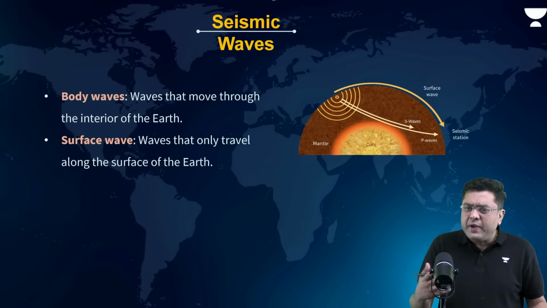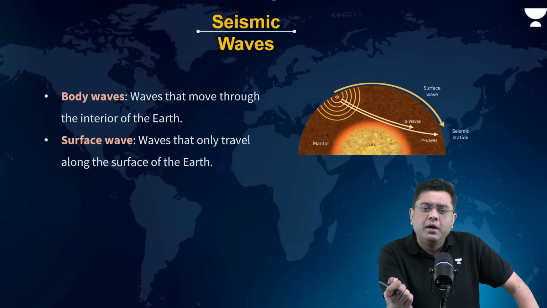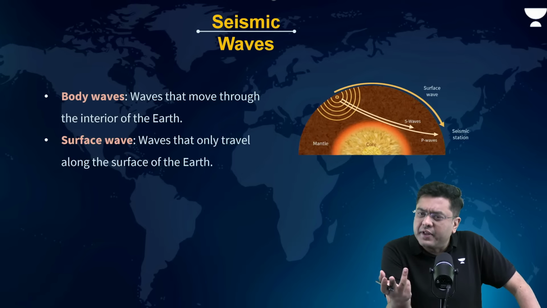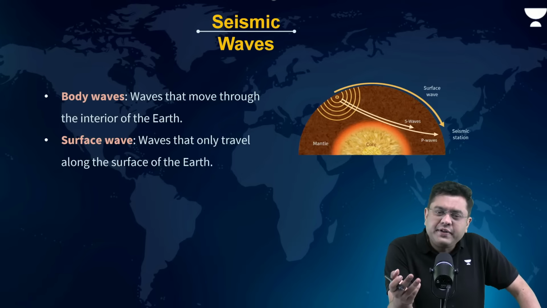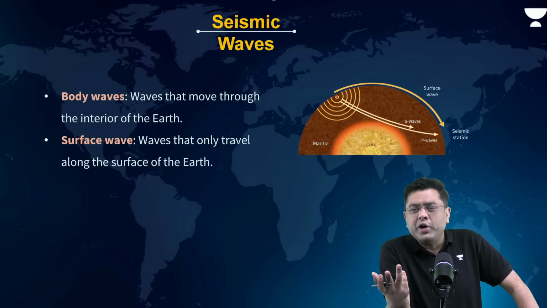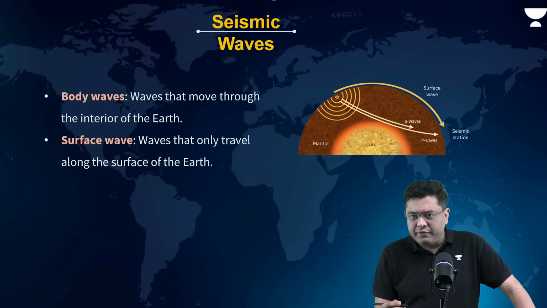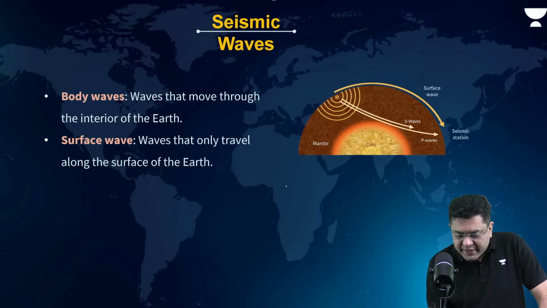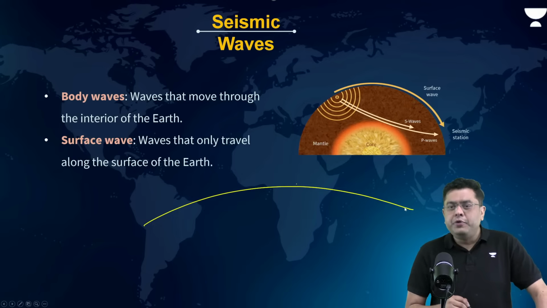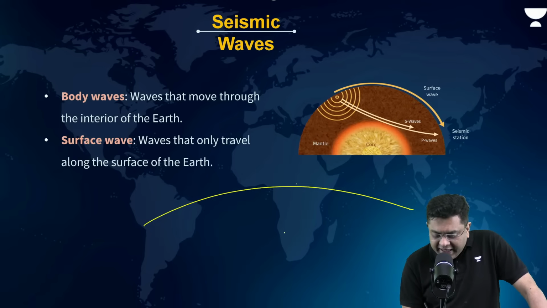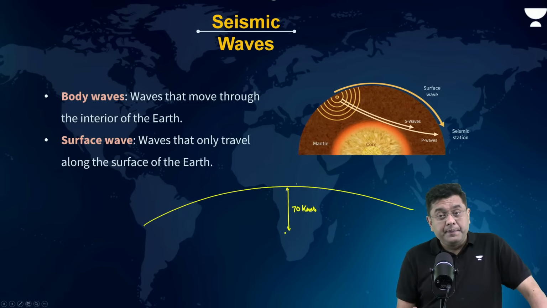So, seismic waves are the waves which are released whenever an earthquake occurs. Now, these seismic waves are of two types: body waves and surface waves. What is the difference? How do we know what is a body wave and what is a surface wave? Before coming to this diagram, understand this. Let's suppose this is the surface, and at a depth of 70 kilometers an earthquake has occurred.